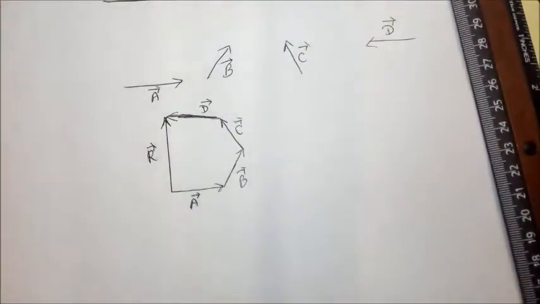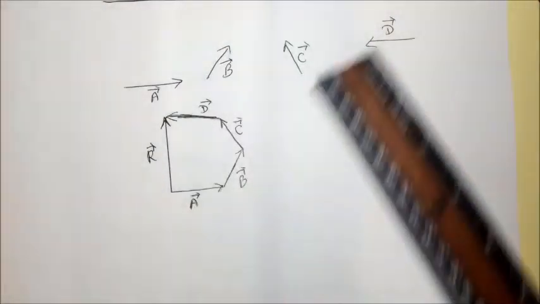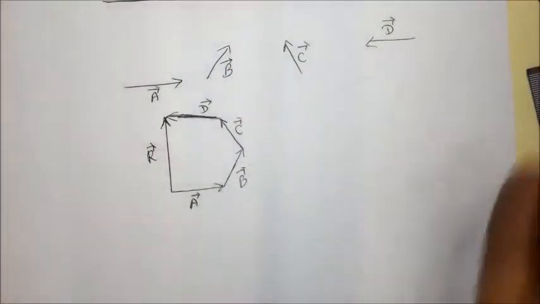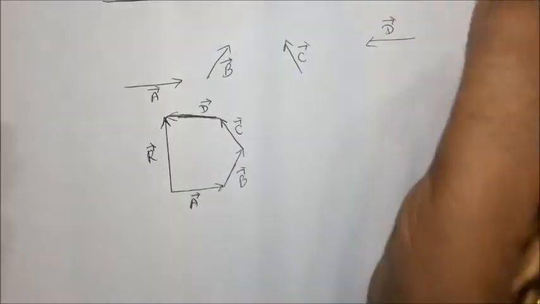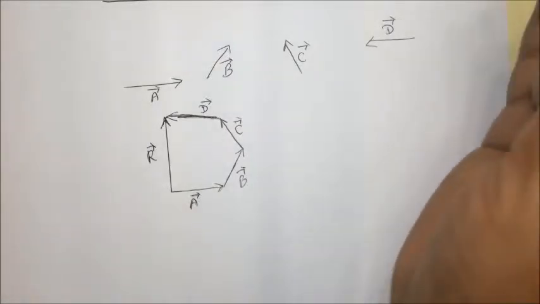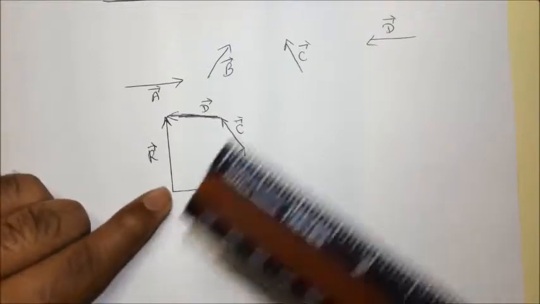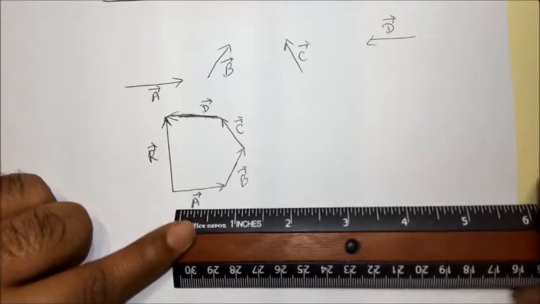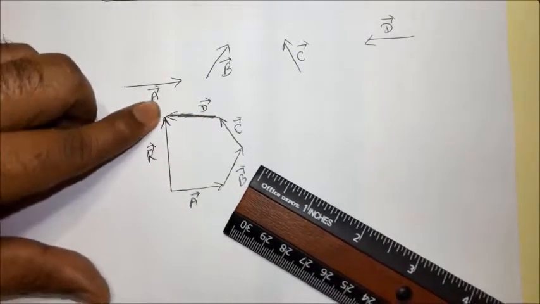One thing I would like to emphasize: though for explanation I am doing this without using a ruler, when you do an actual problem using the tip-tail method, parallelogram method or polygon method, you are going to use a ruler and protractor to make sure that the lengths are correct, the angles are correct, and then it will give you the correct result.